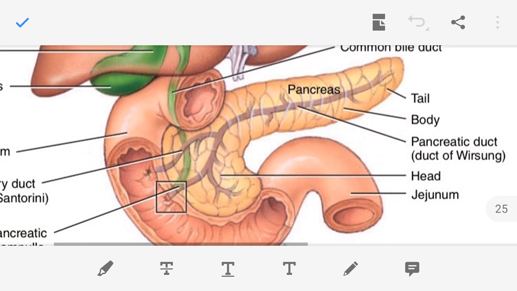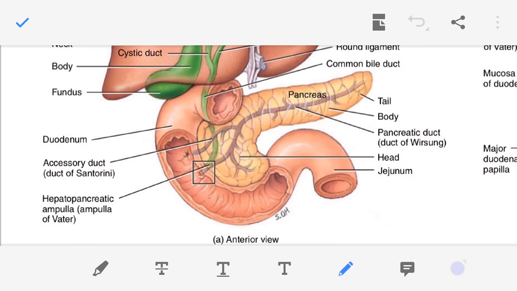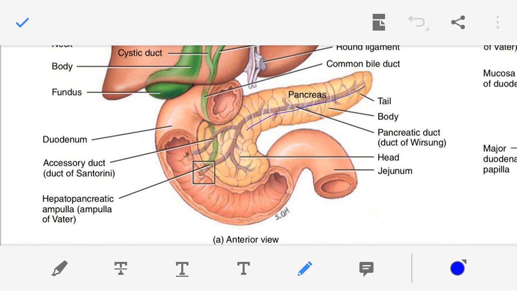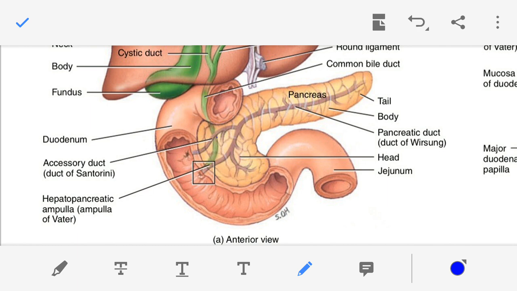Now with this common bile duct, what is happening? The main pancreatic duct, known as the duct of Wirsung, merges with the common bile duct, and one ampulla is formed.